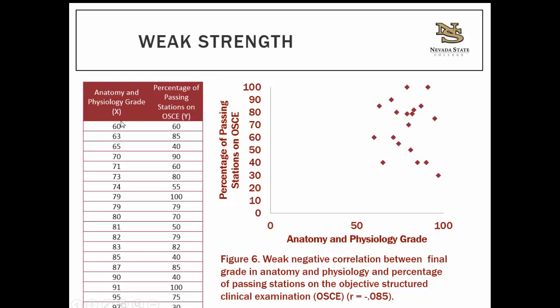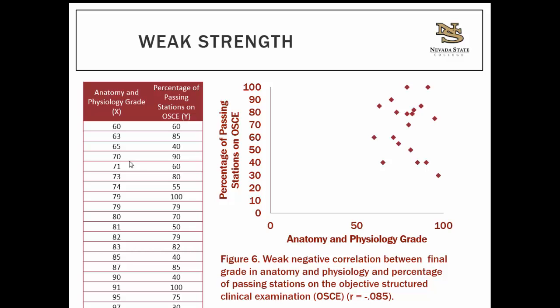And if you look at the data, you can see that it's placed in order of who got the lowest to the highest grade on anatomy and physiology. And then when you look at Y, you don't see really any pattern related to X. So this is some data based on a study that showed that among nursing students, their grade in anatomy and physiology pretty much has nothing to do with how well they do on clinical exams within the nursing field.